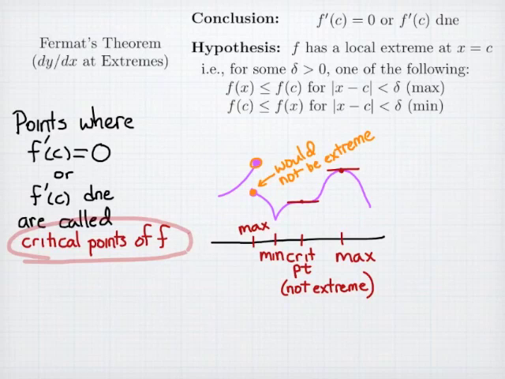The reason for this is if I were to think about a window, there are points to the left where the function goes higher, and there are points to the right where the function goes lower, and so it's not an extreme. On the other hand, the point on the top is an extreme because both to the left and to the right it would have been a maximum.